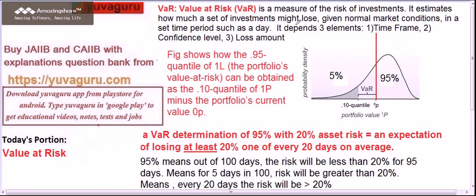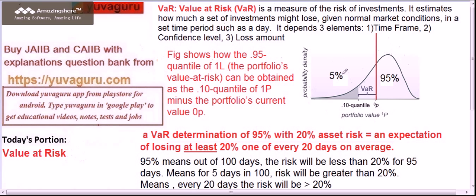Now first let me explain what this part actually means. See here, this is a normal distribution curve. This is called a skewed curve. This is the mean, and now let's see this. The 95% part is this and the 5% part is this. Now if I have a portfolio of say 1 lakh rupees, then with 95% chance my risk won't be more than 1 lakh, and with 5% there is a chance that my risk would be more than 1 lakh.